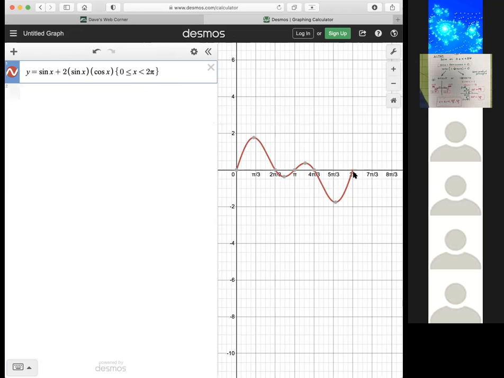So I don't want to report this answer over here at 2 pi because they didn't ask me to give an answer if it was equal to 2 pi. But this is not a bad way to see the 4 answers. 0, 2 pi over 3, pi, 4 pi over 3. Notice I didn't list them in order, and it's not particularly required. I listed them in the order where they came from.